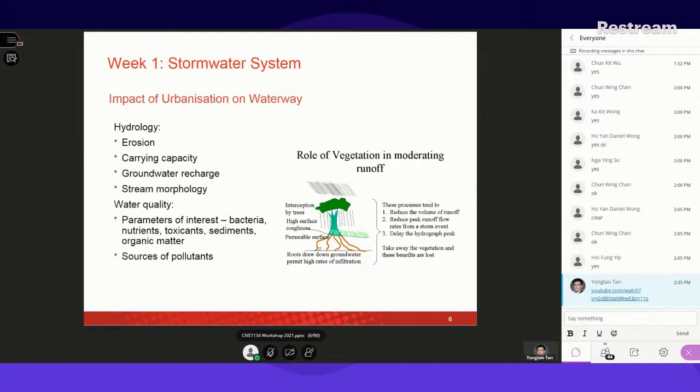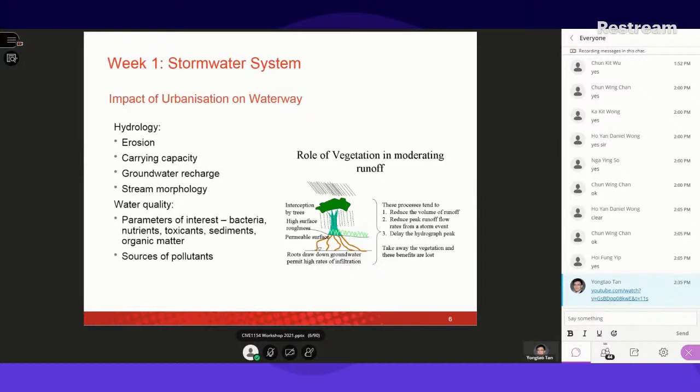So cutting down the trees and removing the vegetation of the streams will destroy the ecosystem of the stream, making the vegetation, water, and soil not function well.